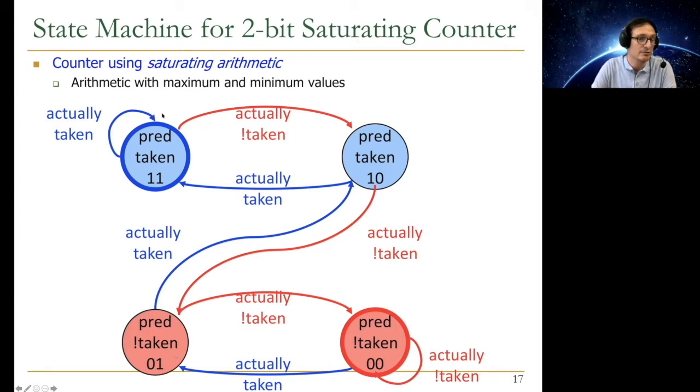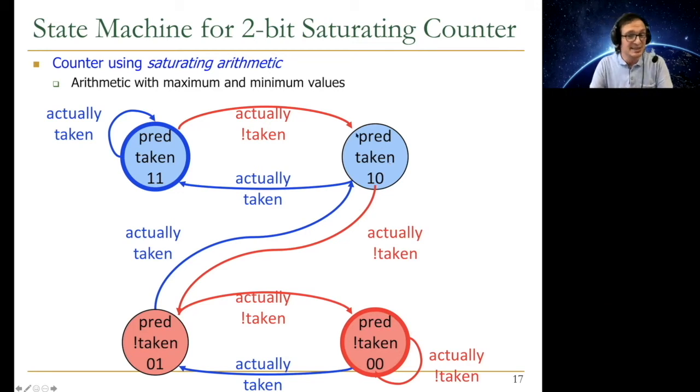Okay, so we're in this state. The branch needs to be actually not taken to go into another state where we still predict the branch taken, because this is a weakly taken state, if you will. And at that point, if the branch is actually taken, then we go back to the strongly taken state. That's a case where hysteresis worked. We're predicting the branch taken. The branch is actually not taken.